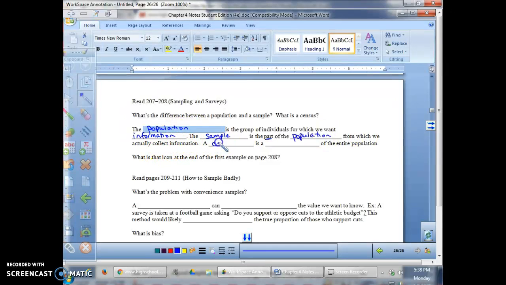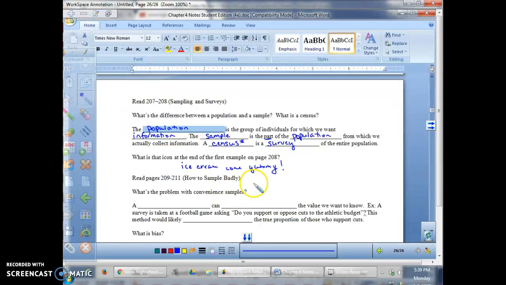And then a census is actually a survey of the entire population. So it's rare that you're actually going to do a census, but basically you would survey every person in the population. So that's census. Okay, so the icon at the end of the first example was an ice cream cone, and it looked very yummy. That was really just to get you to navigate the book a little bit more.